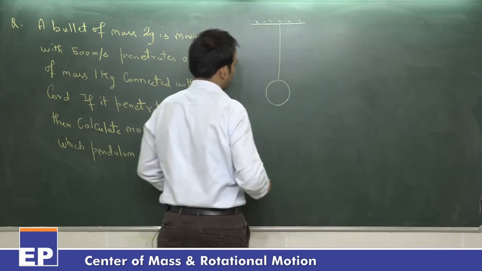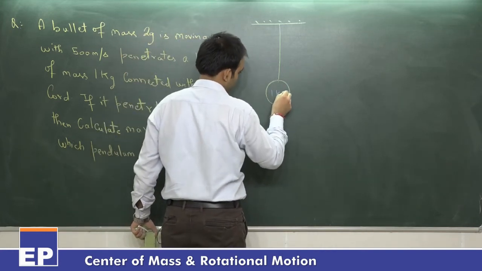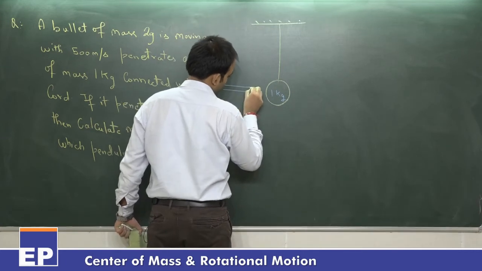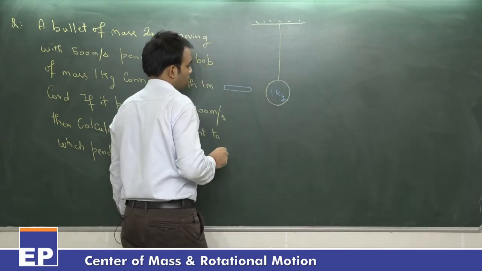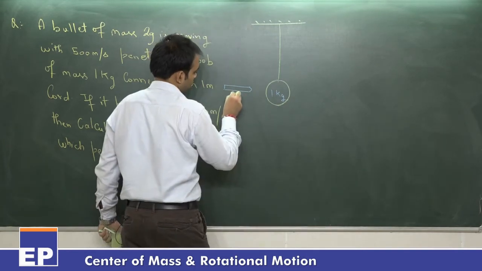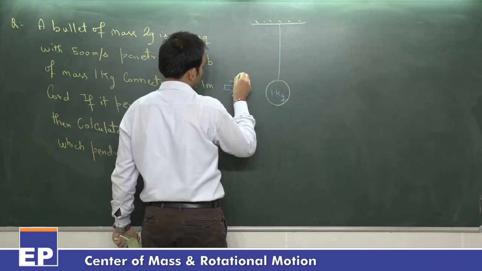It is the pendulum of mass 1 kg, and there is a bullet of mass 2 gram moving with 500 meter per second.